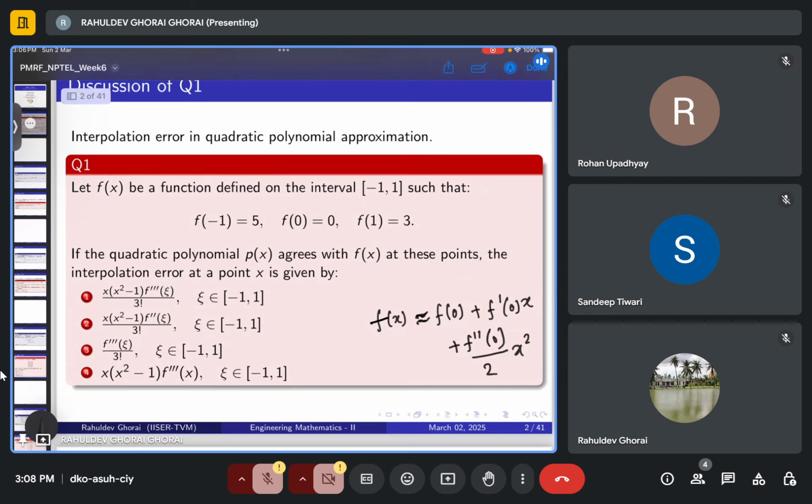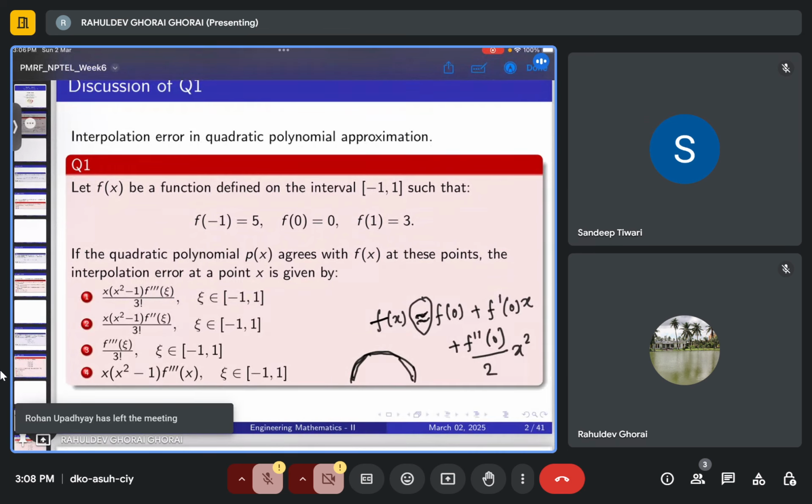When we write it approximately, what is the error we are leaving? You have a curve like this, and you approximate a small part of it using a quadratic polynomial.